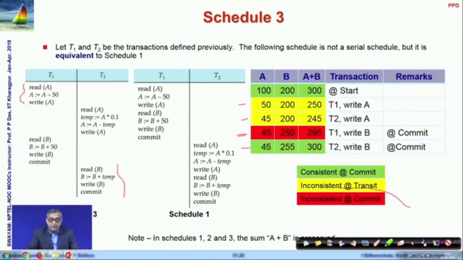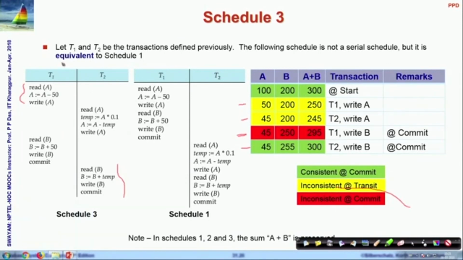And if you look at the results of what you have achieved, you will immediately identify that doing the transactions according to schedule 3, which is interleaving in this manner, is equivalent to doing them in this manner, which is schedule 1. So, you have got a schedule which is equivalent to schedule 1.